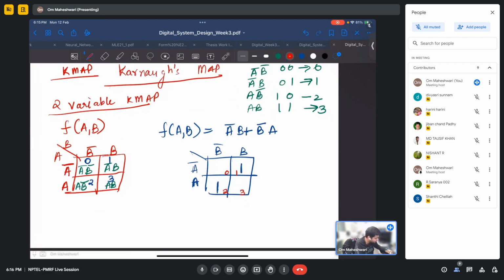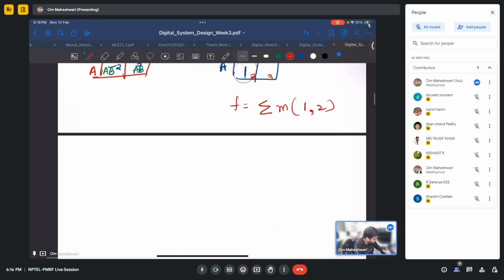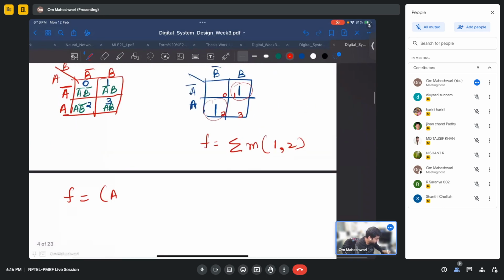So you can also represent this function f as the sum of the minterms 1 and 2. In the blocks 1 and 2 we have written 1, so we can write it as the sum of the minterms 1 and 2. Now let us suppose you have another function, a bar b bar plus a bar b.